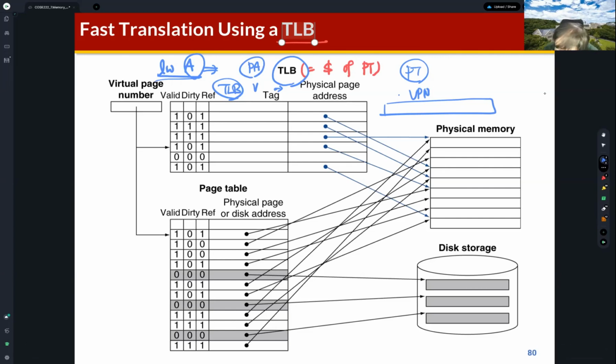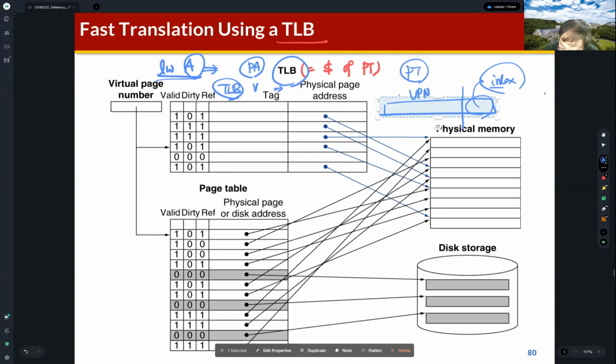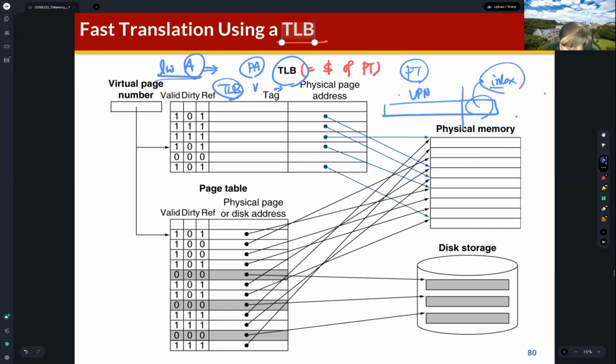So we can use the lower part of the virtual page number as the index, like a cache. So the index of the TLB, and then the upper part of the virtual page number as the tag of the TLB. Okay.